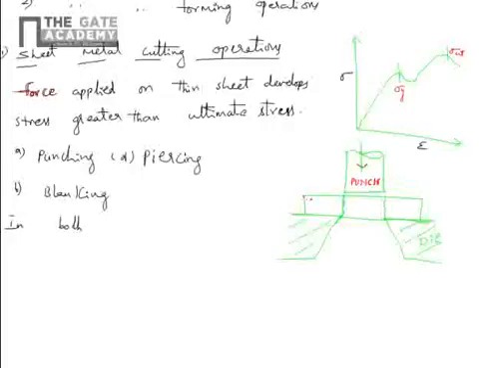This is the thin metallic sheet. Here also this is the die, and whatever you get here is the blank.